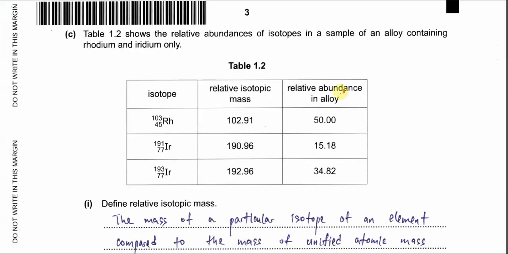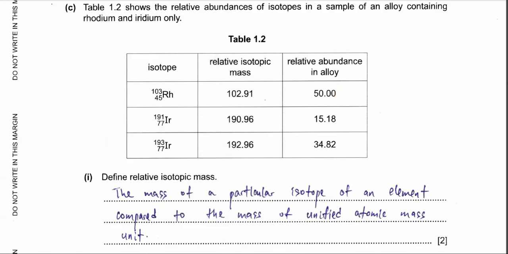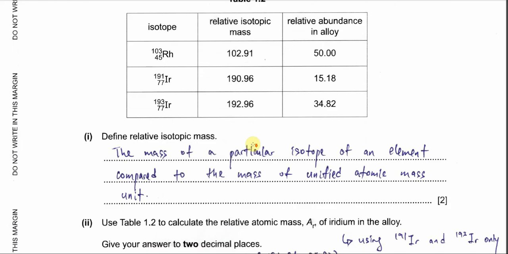Next question, part C. Table 1.2 shows the relative abundance of isotopes in a sample of alloy containing rhodium and iridium. Part 1: define relative isotopic mass. Isotopes have the same proton number but different nucleon number, or mass number. Because it's asking for isotopic mass only, we must have this definition: the mass of a particular isotope.